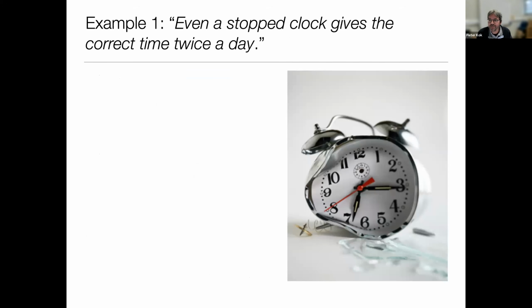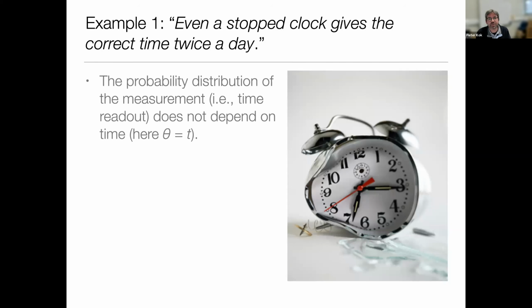So we know the expression that even a stopped clock gives the correct time twice a day. We can prove mathematically that this is the case because the probability distribution of the measurement, namely the time readout, no longer depends on time. Theta here is the time parameter, but my measurement readout is always the same no matter what the time is.